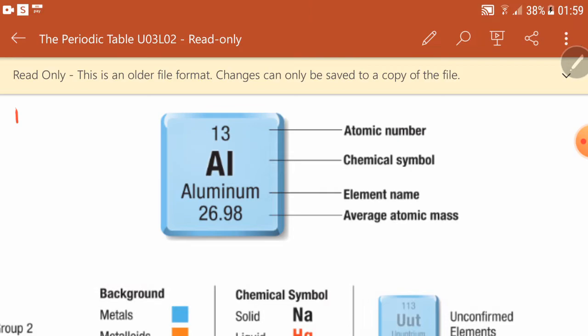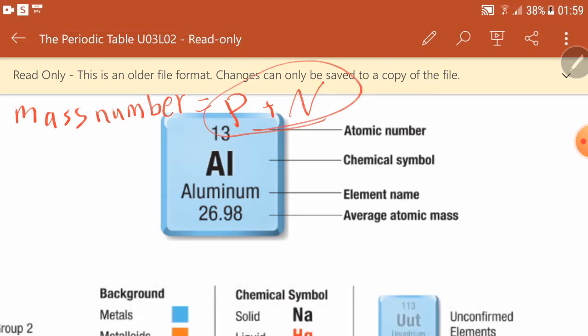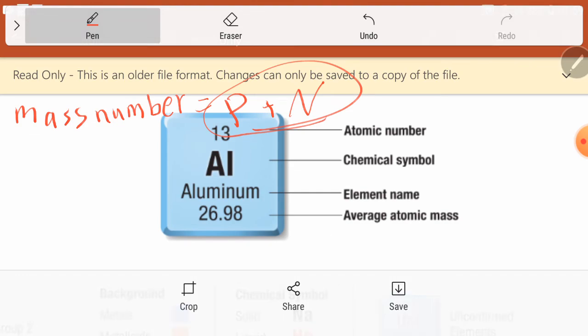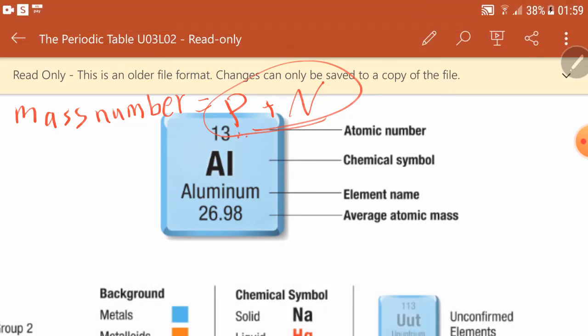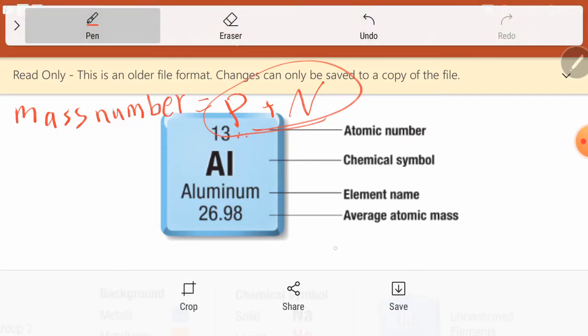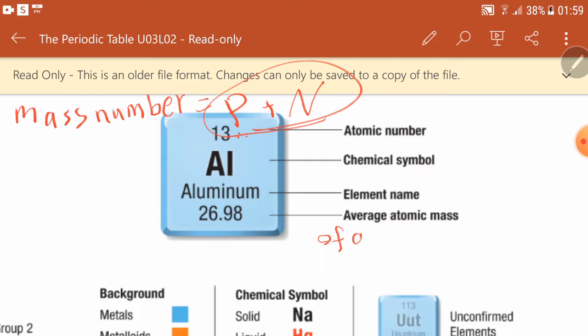The mass number is the sum of protons and neutrons, while here it is the average atomic mass of all the isotopes.